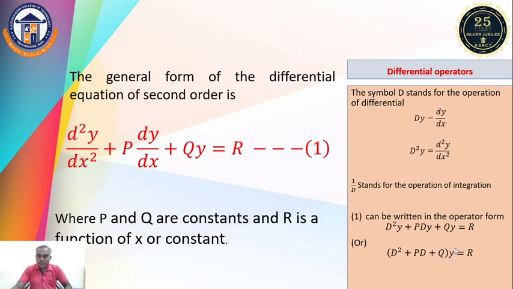Leaving out y, we get D square plus pD plus q, which is called the function of D in our problems.